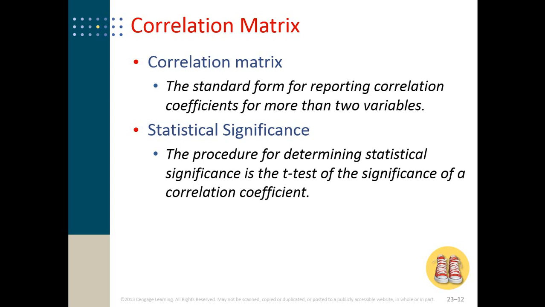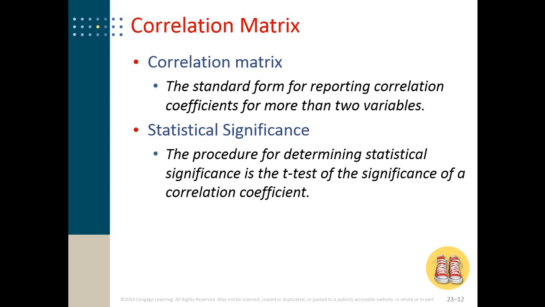For example, if one correlation coefficient is 0.1 and another is 0.9, the 0.9 definitely indicates a stronger correlation compared to 0.1. Now the question is, how do we understand if this correlation coefficient is statistically significant or not?